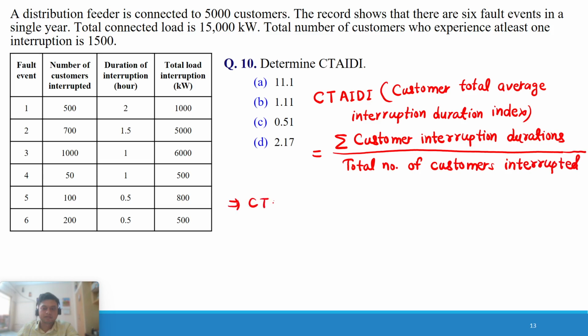Therefore, we can write CTAIDI as customer interruption duration, sigma RiNi, the number of customers interrupted in each fault event into the number of hours interrupted for each fault event, divided by total number of customers interrupted, that is CN. Just be careful with this term, total number of customers interrupted versus total number of customer interruptions.